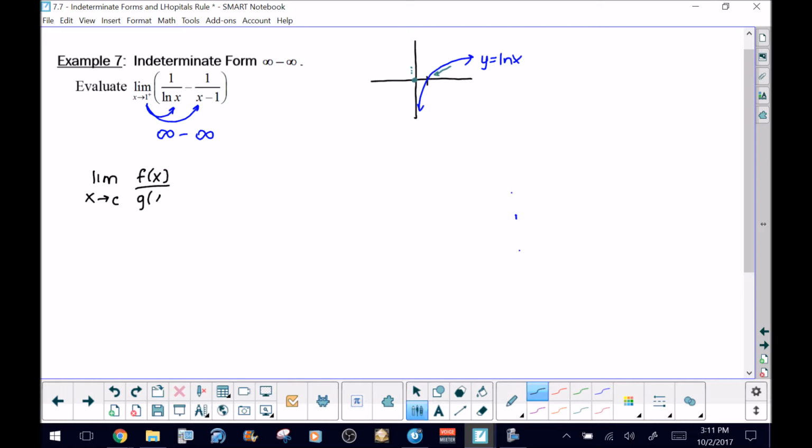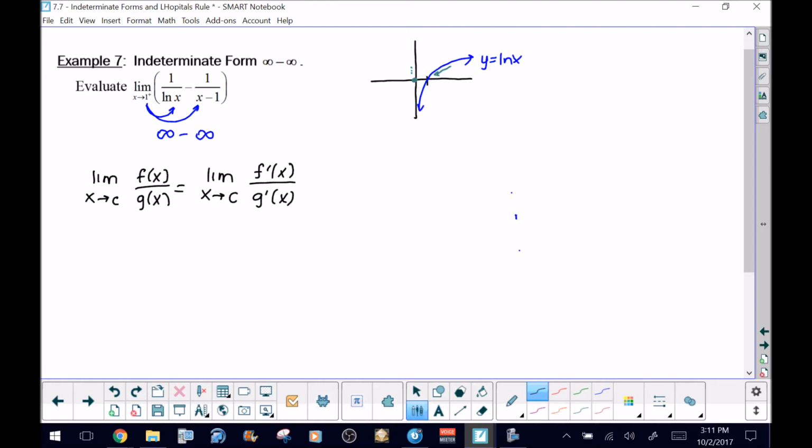Well, L'Hopital's rule suggests that if you get an indeterminate form, and that's what I suggest by having trouble, you could take the limit of the derivative of f divided by the derivative of g, and then you perhaps might have a much better chance at having that derivative work for you. So that's what's going to motivate this particular lesson.